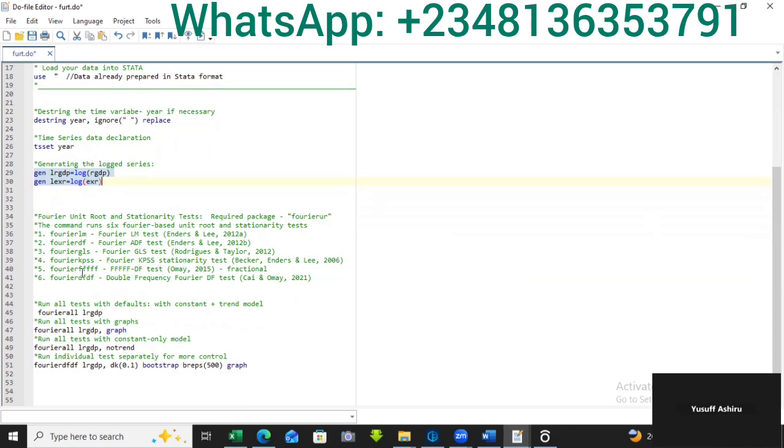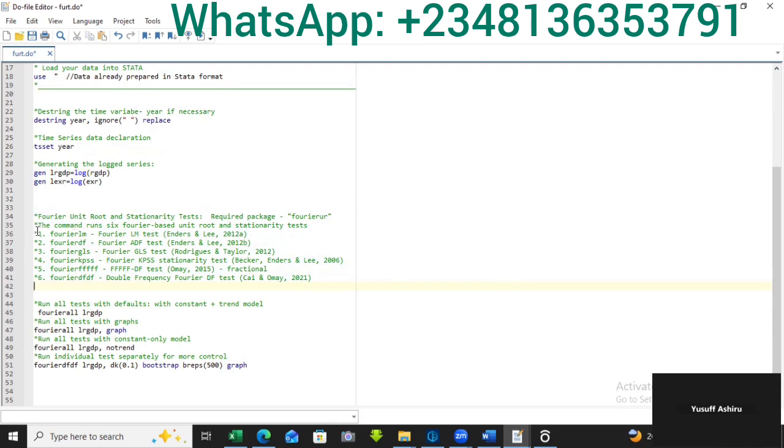Then we have the Fourier FFFF test, which is a fractional test. We also have the Fourier double frequency test. These are the 6 available tests concerning Fourier tests.